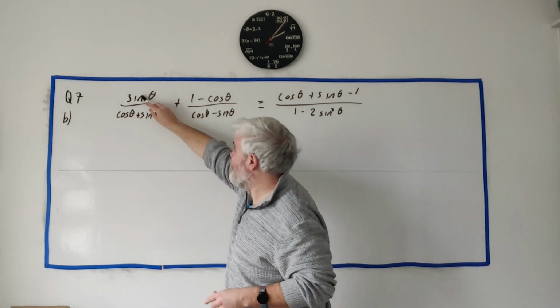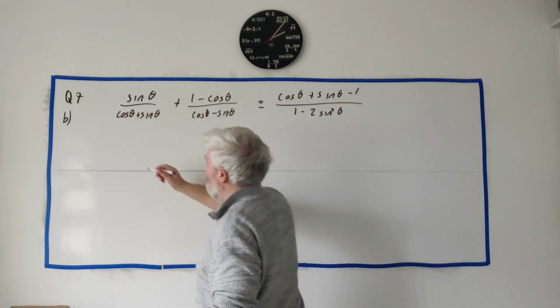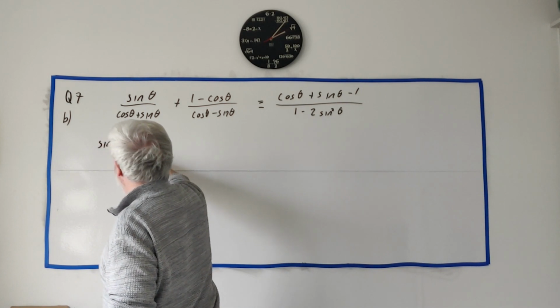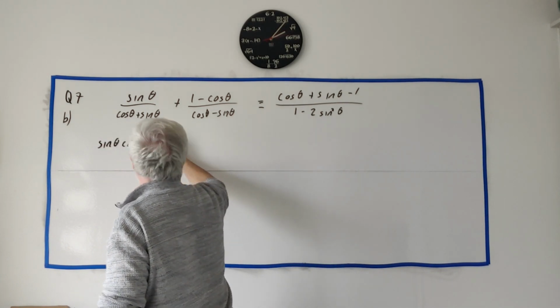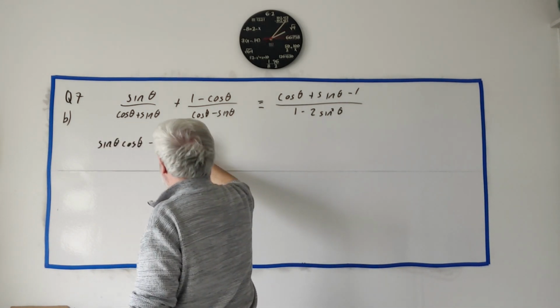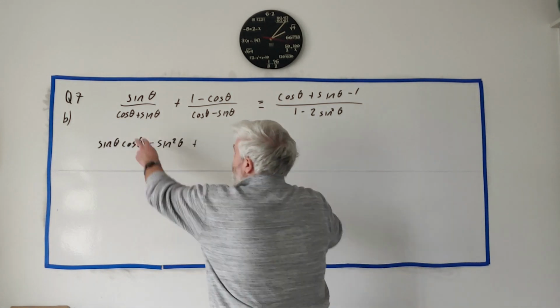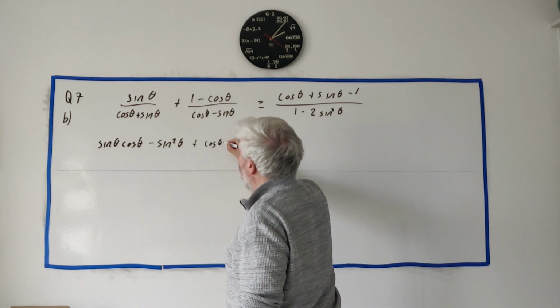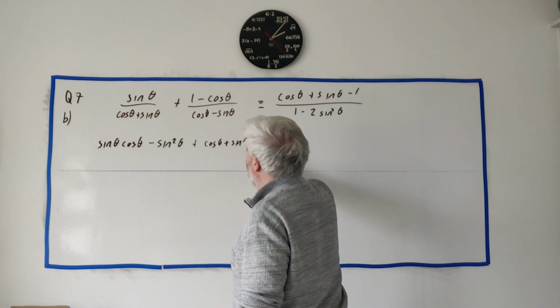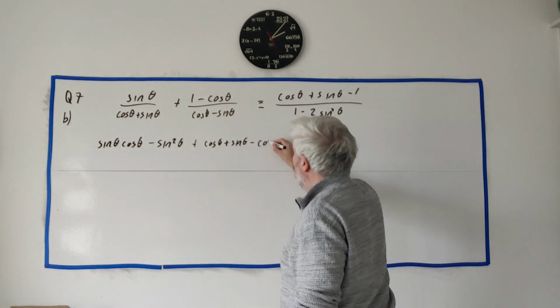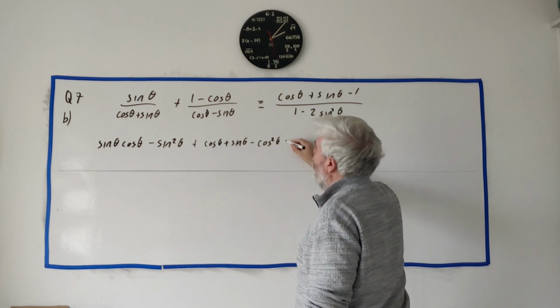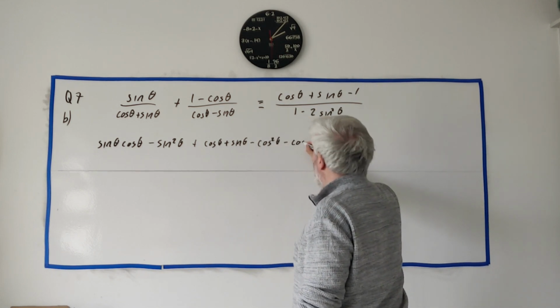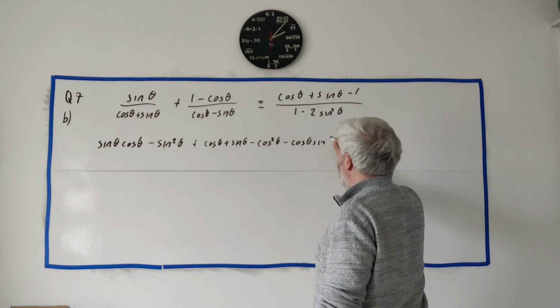So I'm just going to multiply sine times this, cross multiply. So I will get sine theta cosine theta minus sine squared theta, plus, now multiplying this bottom by this top, cosine theta plus sine theta minus cosine squared theta minus cosine theta sine theta.